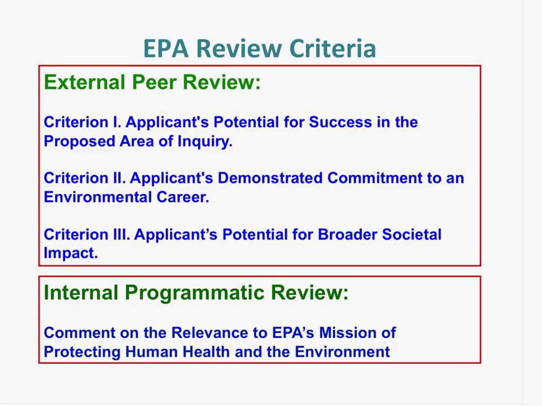So peer review focuses on the scientific merit of the application, and the internal programmatic review then on relevance to EPA's mission. A ranking then comes out of that programmatic review, and there are other factors that fold into the decision making as far as awards are distributed.